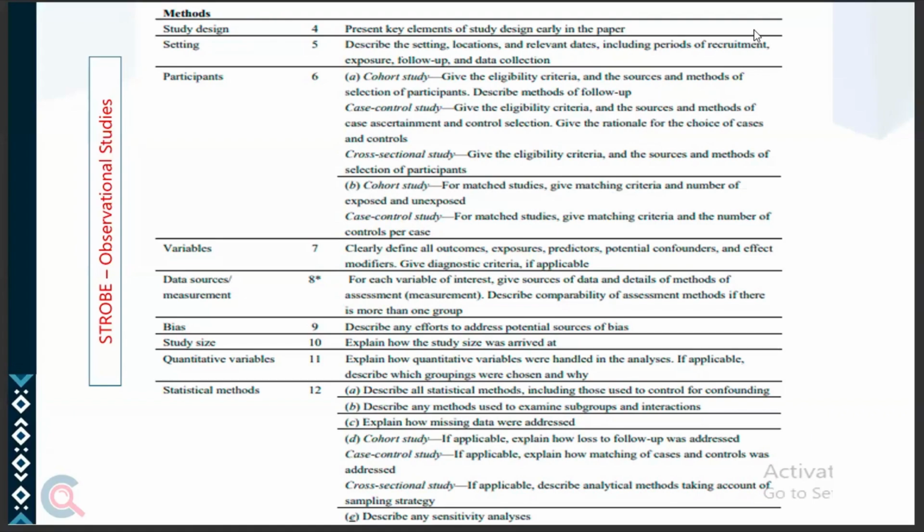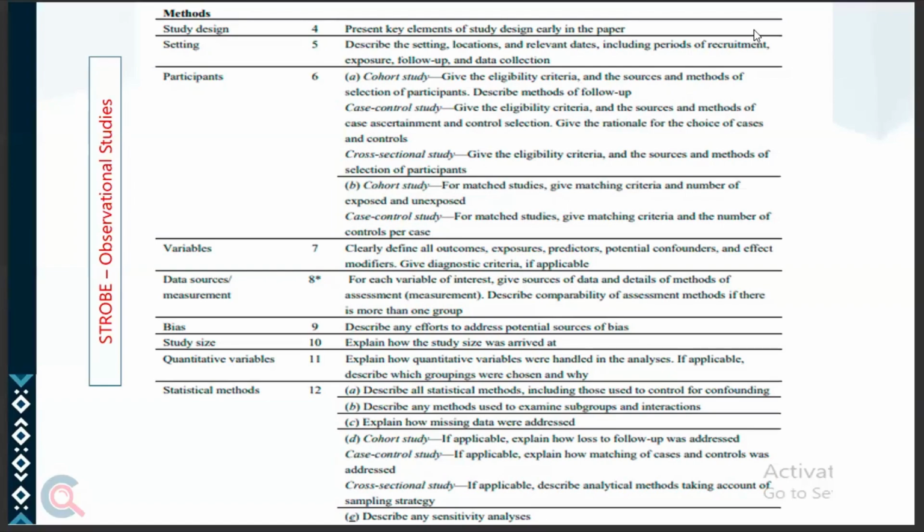If matching is done, criteria should be given for the matching and then the number of controls per case that were matched. Also, another subsection of the method section of the research paper is the variables. You need to clearly define all the outcomes, the exposures, the predictors, the potential confounders, and the effect modifiers, and give the diagnostic criteria where applicable.